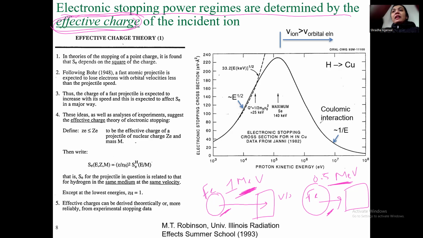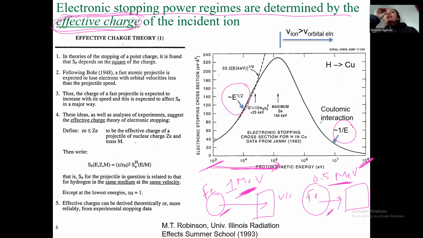We have three kinds of curves: one is E to the power 1 by 2, and the other is 1 by E. And the proton energy is going from 10 raised to the power 3 to 10 raised to the power 8. As the proton kinetic energy is increasing, you will see here energy is increasing.